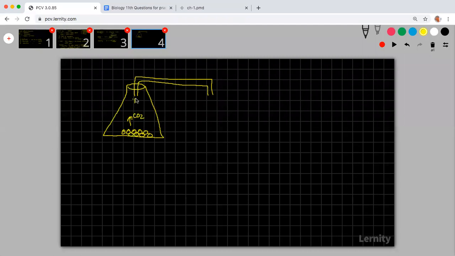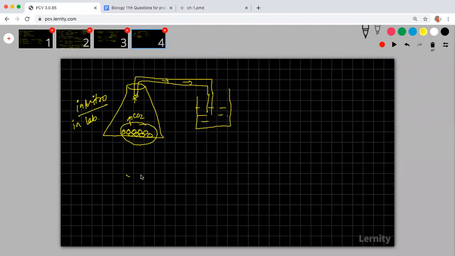When germination is there, they would keep this setup and try to prove that carbon dioxide is released during germination. So this is a process happening outside the organism. This we call in vitro. The word in vitro means in laboratory.